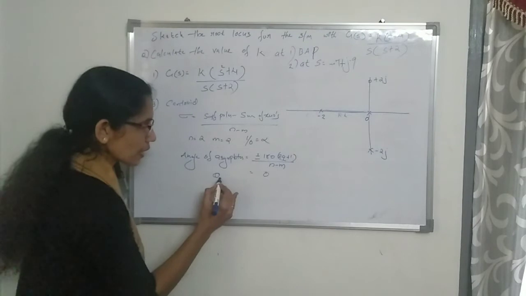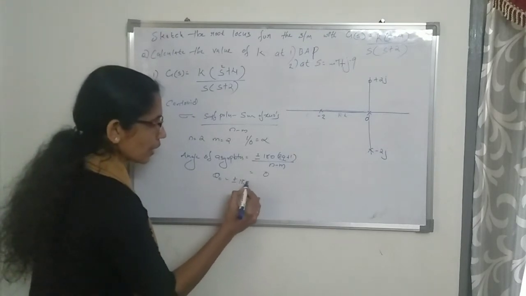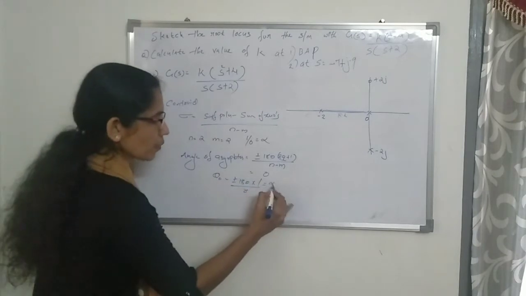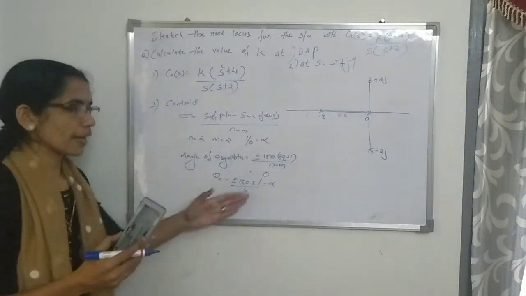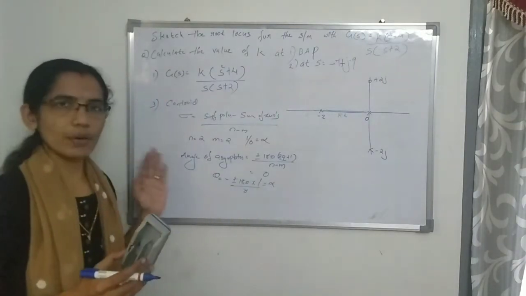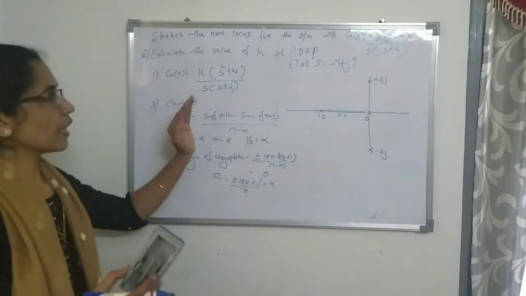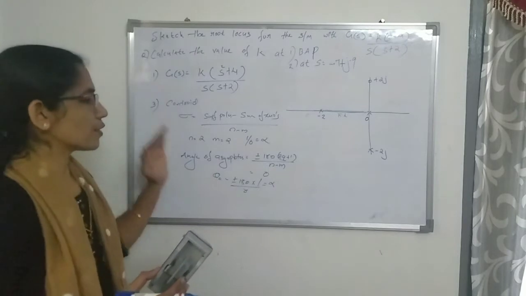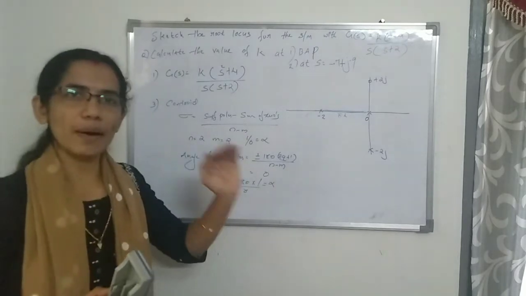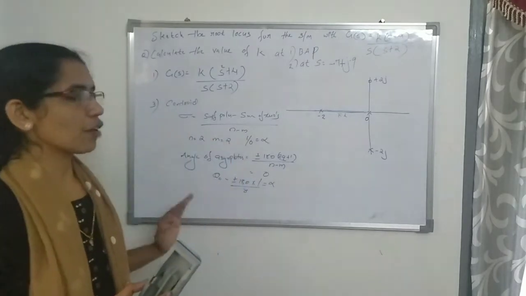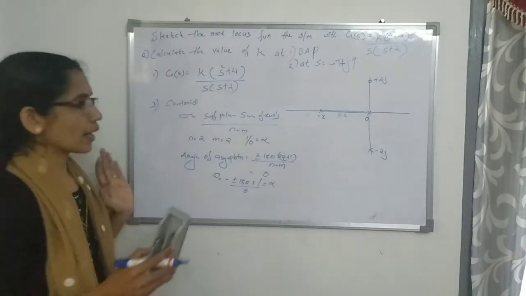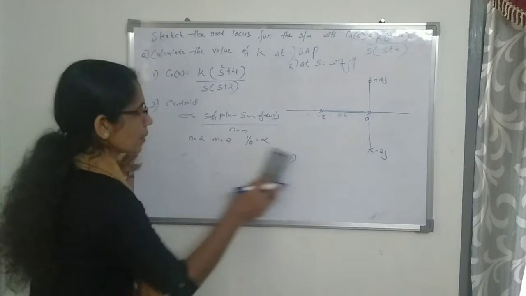First we consider theta 0, that is plus or minus 180 into 1 divided by 0, which is infinity. That means if the number of poles is equal to the number of zeros, there will be no centroid and no angle of asymptotes. We cannot mark them, so here there is no centroid and no angle of asymptotes.